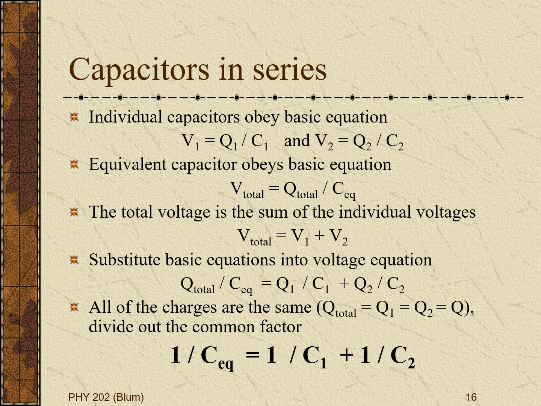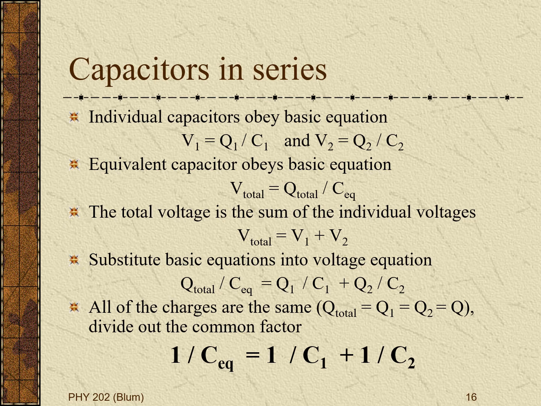Each individual capacitor obeys Q equals VC. In this case, we're solving for the voltage, so V equals Q over C for V1 and for V2, and also for the equivalent. Now the voltages add up. V1 plus V2 adds up to the total voltage, and then we can substitute in Q over C for each of the voltages.